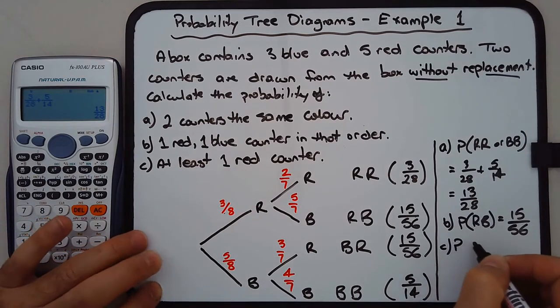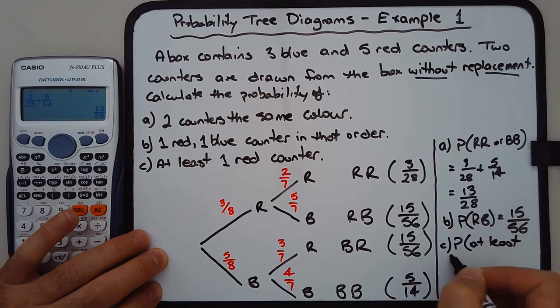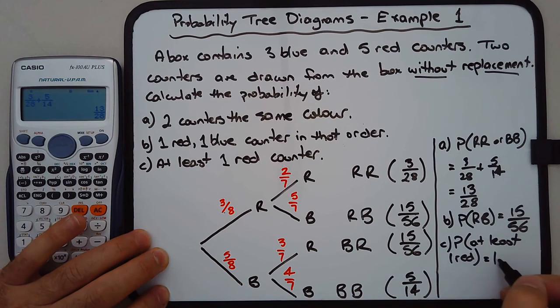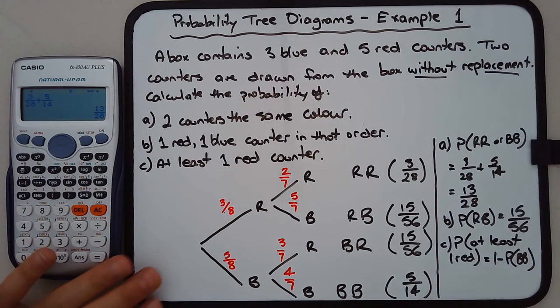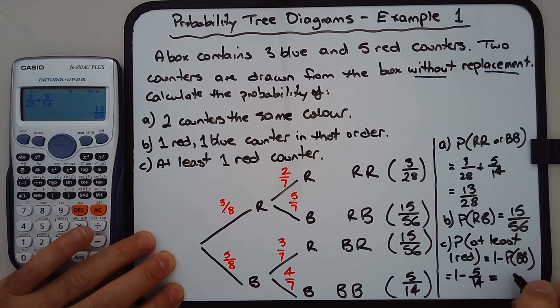So the probability of at least one red is 1 minus the probability of blue, blue, which is basically no reds, equal to 1 minus 5 on 14, which equals 9 on 14.